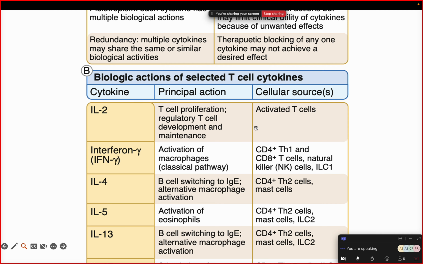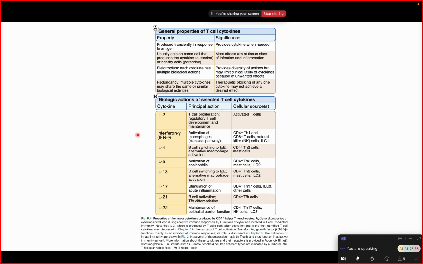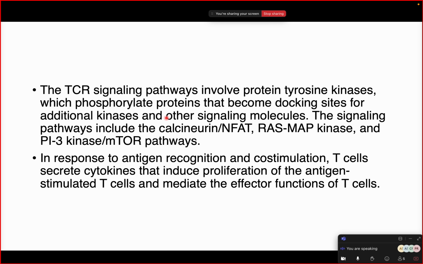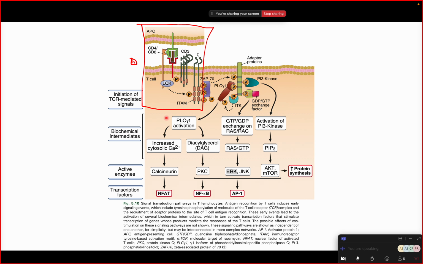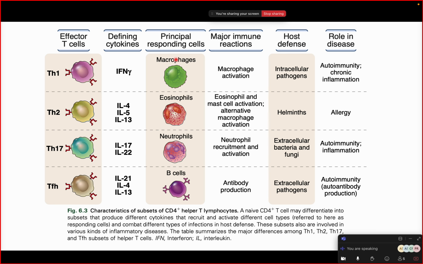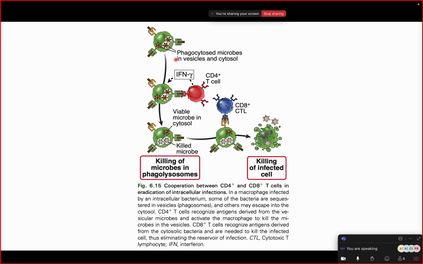The action of IL-2: IL-2 again is a small molecule, it's a ligand. So take this IL-2 as a ligand and paste it here. Imagine if this was not a T cell receptor but an IL-2 receptor. The IL-2 receptor will receive the IL-2 molecule which is secreted by Th1.